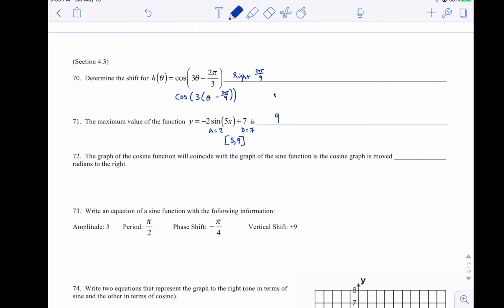The graph of cosine will coincide with the graph of the sine function if the cosine graph is moved how many radians to the right.